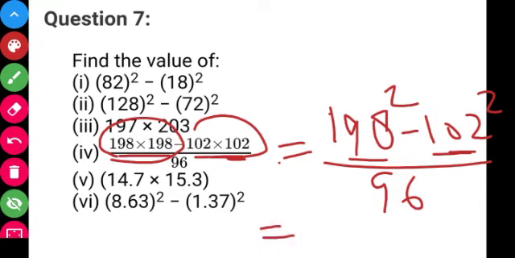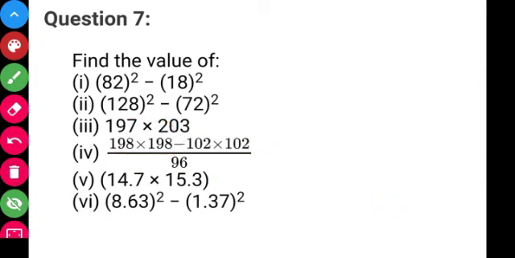You know this is in the form of a square minus b square, so you can write a plus b into a minus b. So write 198 plus 102, and then 198 minus 102. You can do. Now similarly you can do the remaining parts.